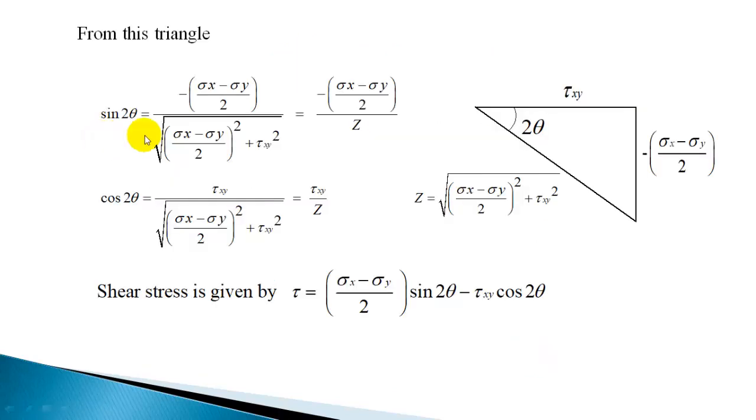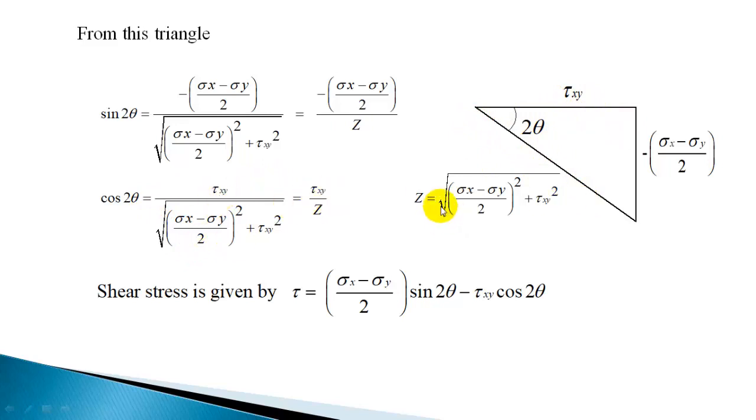Now sin 2 theta is opposite side by hypotenuse, so minus (sigma x minus sigma y) by 2 divided by z. Also cos 2 theta is tau xy divided by z.